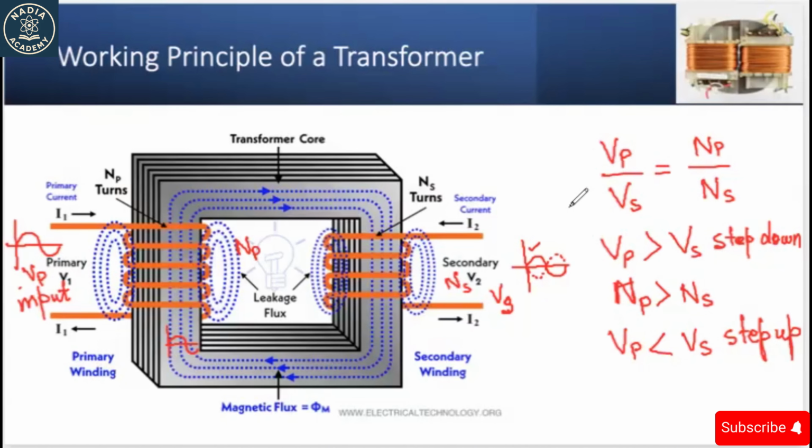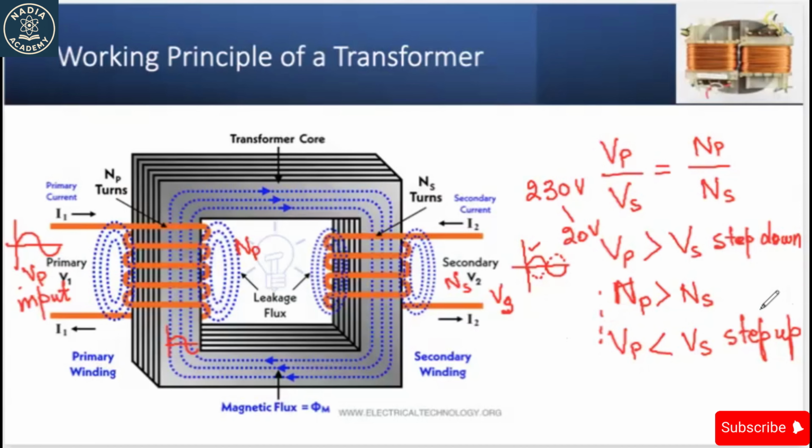For computer chargers or mobile chargers, we use a step down transformer because we reduce the input voltage from 230 volts to approximately 20 volts. But when we transfer power from the power generators to the grids, we increase the voltage to thousands of volts, where we have to use a step up transformer.